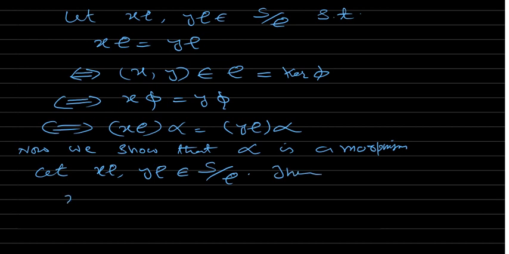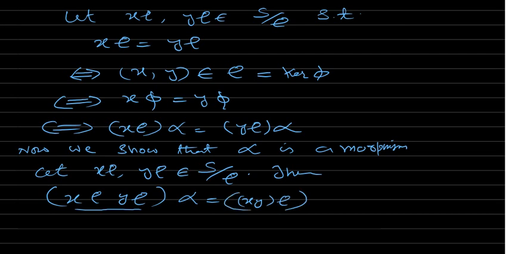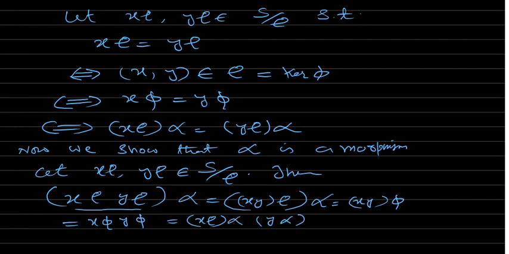Then the image of x rho y rho under alpha, by definition of the product of rho classes, is the image of xy rho under alpha, which is xy phi. Since phi is a morphism, this is x phi y phi. And x phi is x rho alpha, y phi is y rho alpha. So therefore alpha is a morphism.